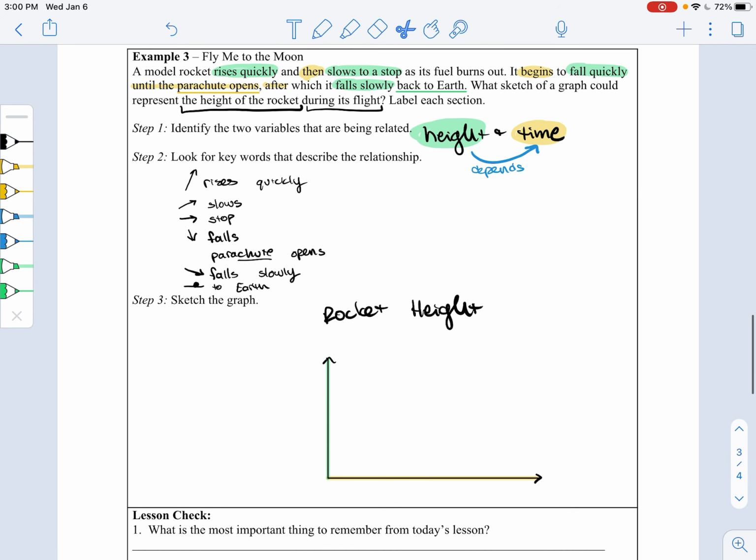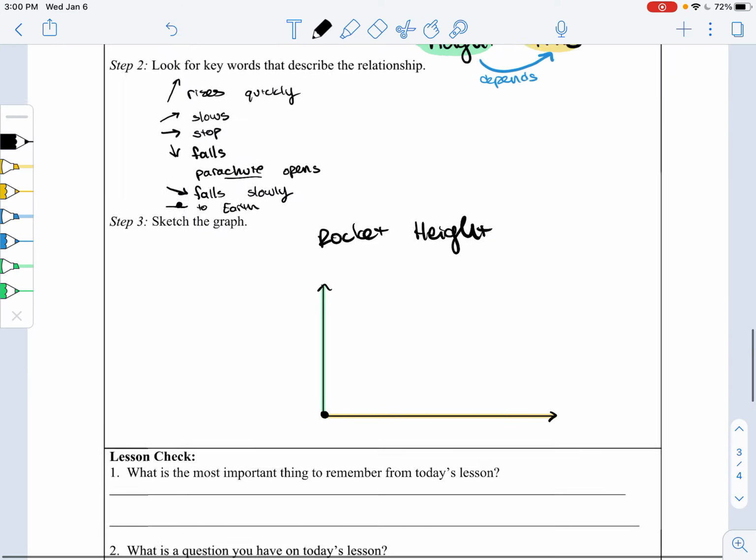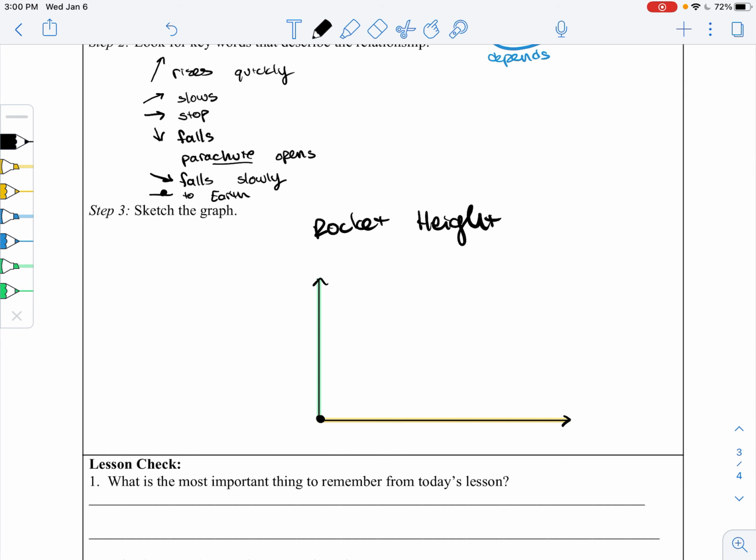Okay, cool. Here we go. So at the beginning, we are assuming that we're on land. This is the height of the rocket. Okay, cool. And then it rises quickly. So it goes up real fast. But then it starts to slow down until it doesn't rise anymore.